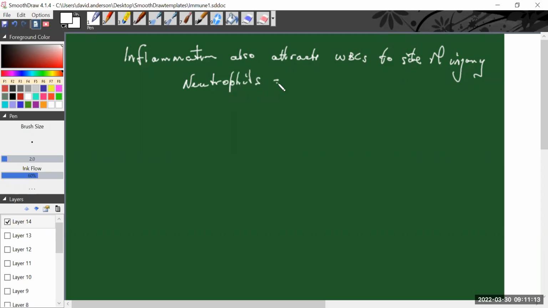They're sometimes, and this is a very important point, nicknamed first responders. But if you're asked to describe a purpose or a function of neutrophils, first responders is not an answer, right?